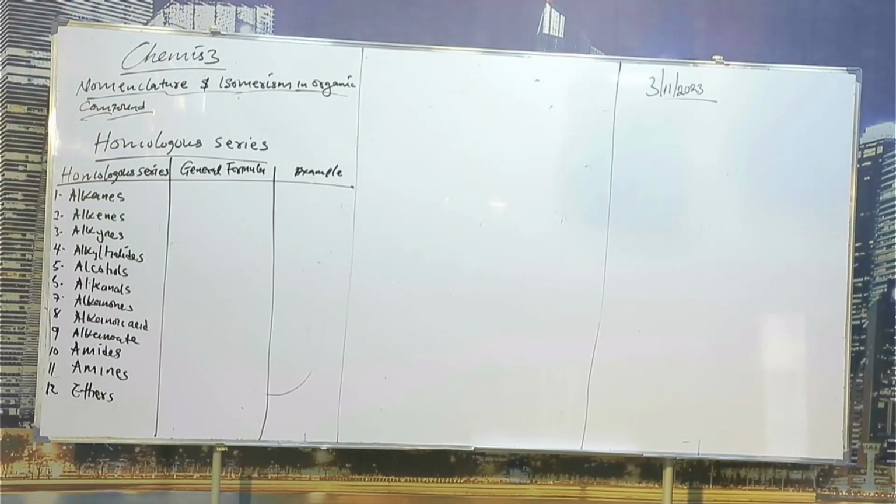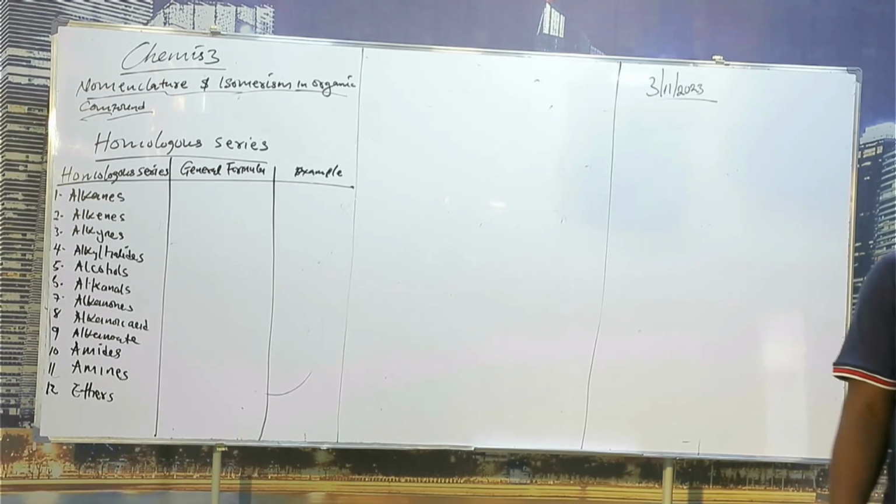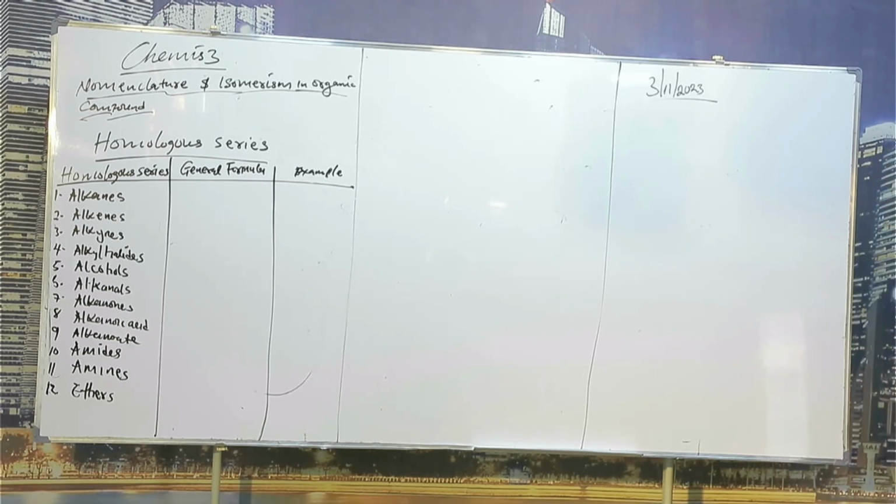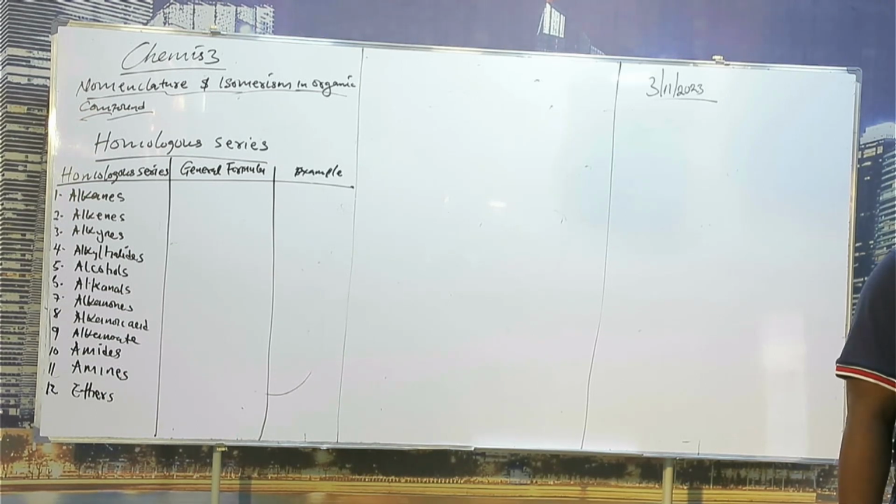Homologous series. A family of organic compounds, or a series, like you see the 12 families there, that appears to have a structural pattern.